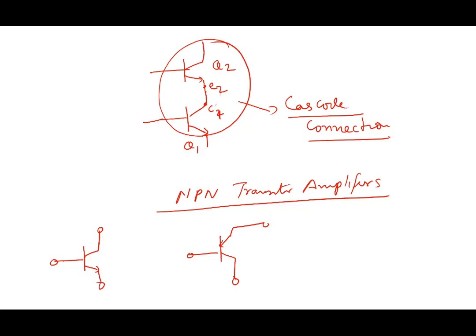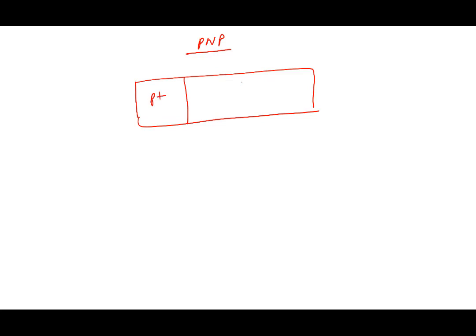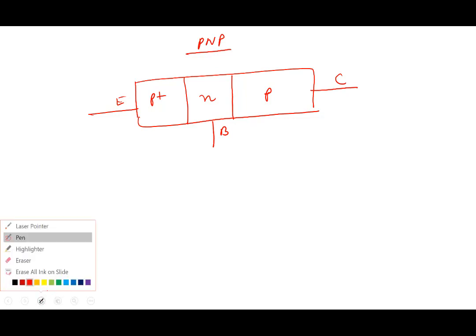Well, if you compare the two transistors, NPN and PNP, first of all, let me draw them so that you become a little familiar with PNP. We have been doing NPN, so PNP looks like this. If I draw PNP, the emitter is P, more like P plus, the base is N, and the collector is P. So by now you're well familiar with NPN, but note the important differences.